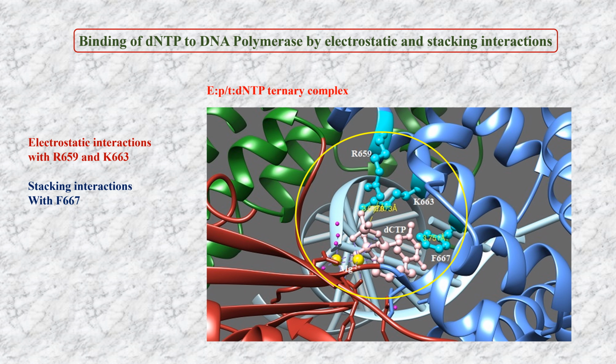There are electrostatic interactions between the triphosphate group of the dNTP with the positively charged side chains of an arginine and a lysine, and stacking interaction with phenylalanine. However, in this ternary complex, which is an open complex, the nucleotide is still not close enough to the active site. It has to wait for a large conformational change in the fingers subdomain.